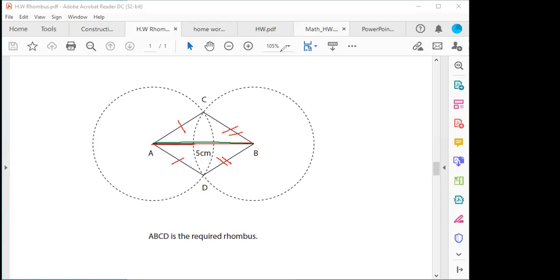And if you think of another line of symmetry, which is like this, then you notice that these two are equal and these two are equal. So that is why this orientation, or the orientation could have been like this also, where the shorter diagonal is horizontal.